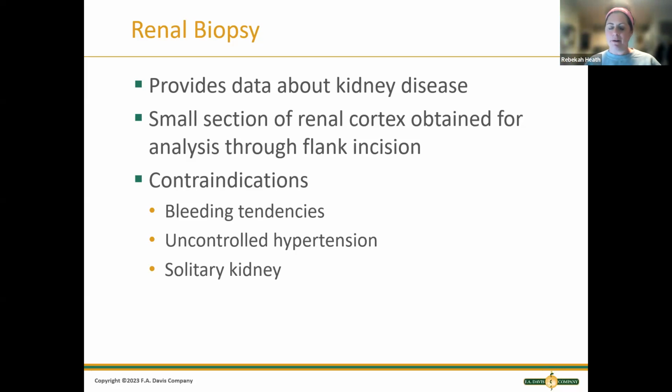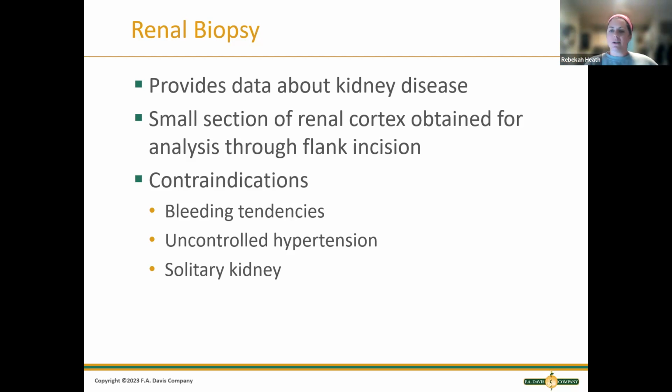We talked about how frequently our blood is circulated through the kidneys. If we poke them, they'll bleed. So if somebody has a tendency to bleed, we really want to avoid doing this test unless truly necessary. If they have uncontrolled hypertension, they're going to have a lot of pressure, right? If somebody starts to bleed, it's kind of like a leak in a balloon. It's just going to keep going.